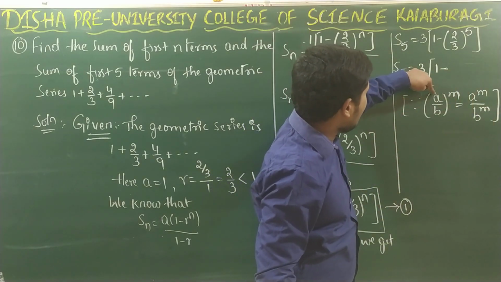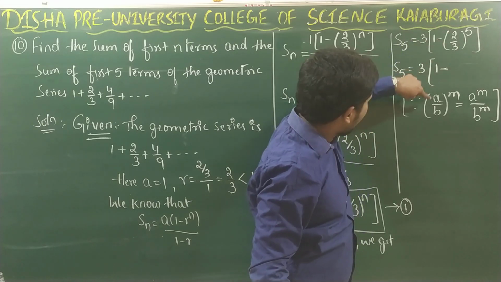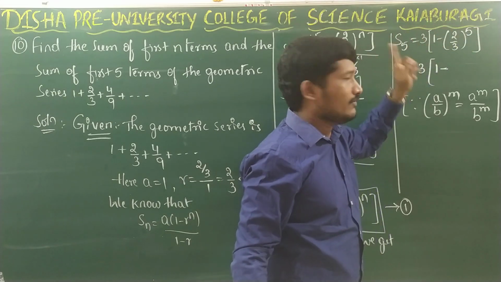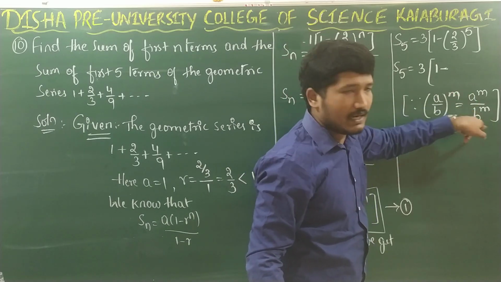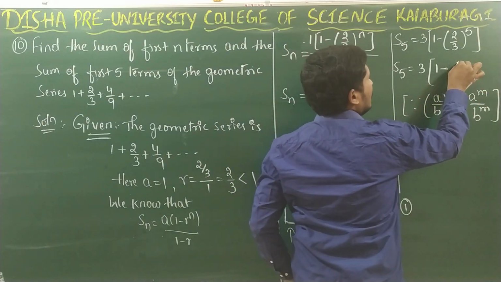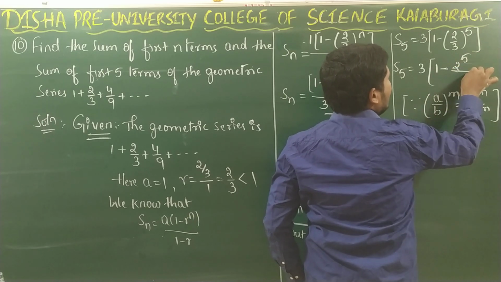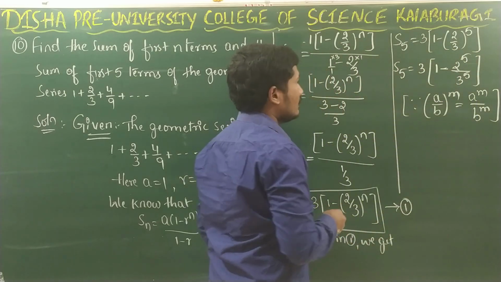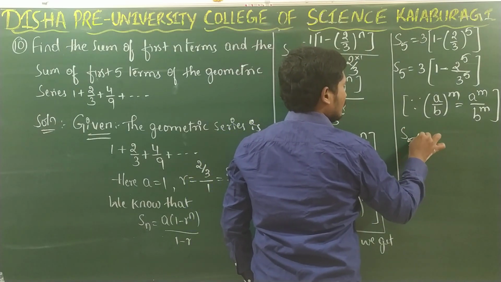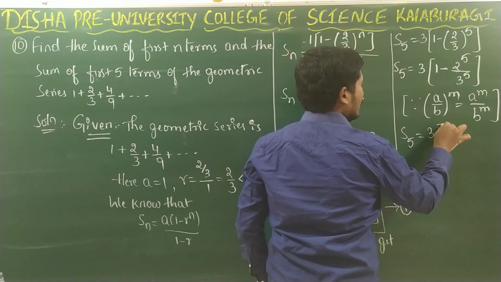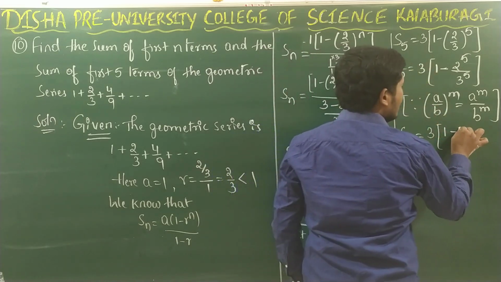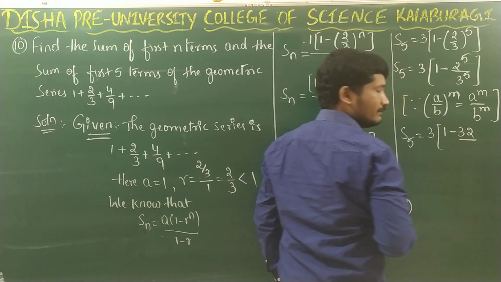See here, in place of a we have 2, in place of b we have 3, in place of m we have 5. So let us write in the form of RHS now. So how can it be written as 2 power 5 divided by 3 power 5? Am I right? Now, S5 is equal to 3 into 1 minus 2 power 5, which is nothing but 32.